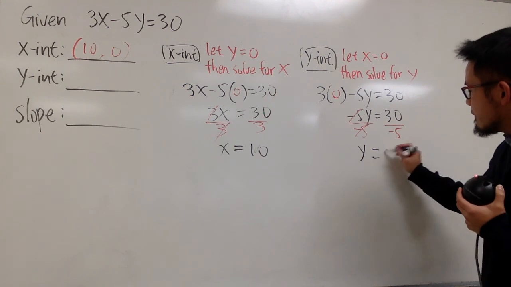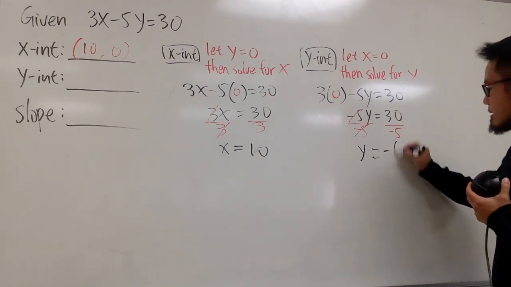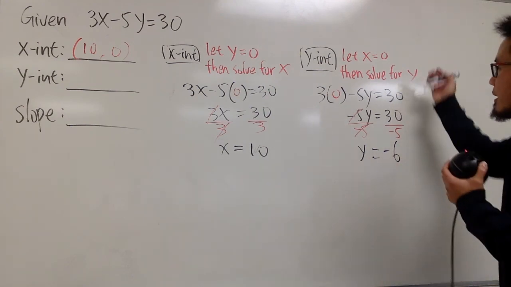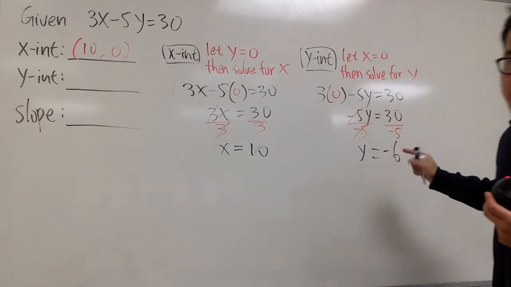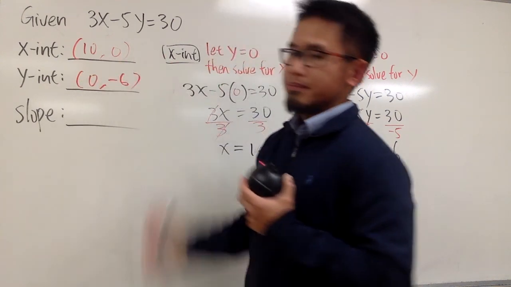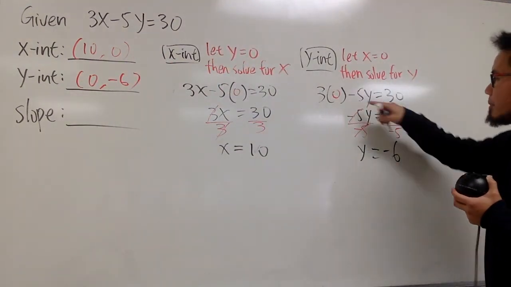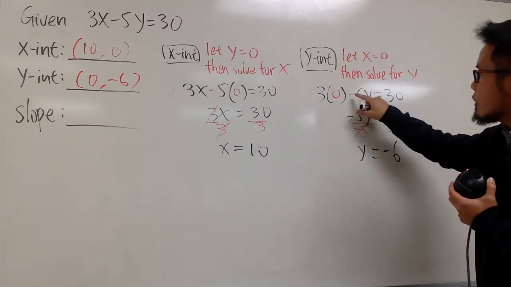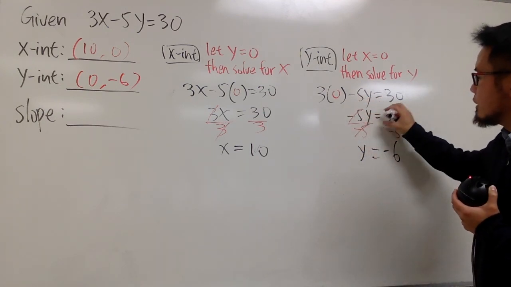We get negative, 30 over 5 is 6. So in the end, we have y is equal to negative 6. And put them together, x is equal to 0, y is equal to negative 6 right here. Okay? 0, negative 6. A small common mistake is that people forget to write down this negative. So be sure you write down negative 5y equals to 30.